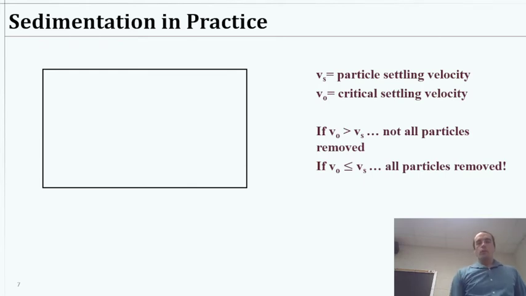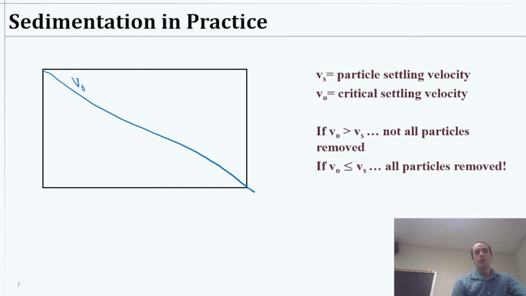Okay, so just to make that a little more explicit, our V naught case is the particular one where they all settle across that spot.